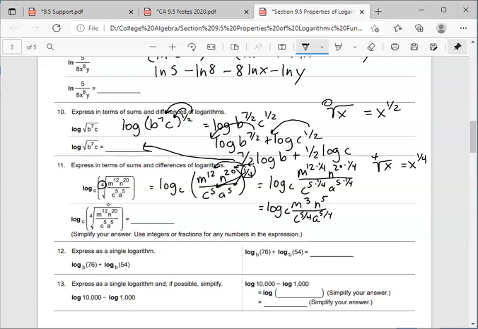So I'm multiplying two things on the top. I'm then dividing. I'm multiplying two things on the bottom. So addition, subtraction, addition. So this is where you go, hey, I'm multiplying two things on the top, then I'm going to divide. So I'm going to subtract two things on the bottom.